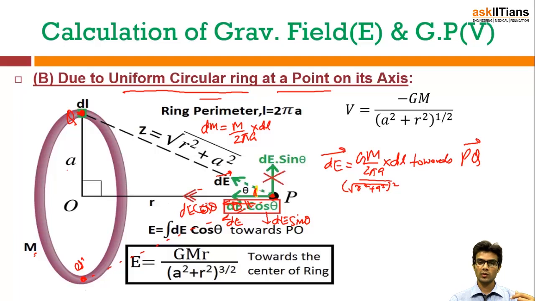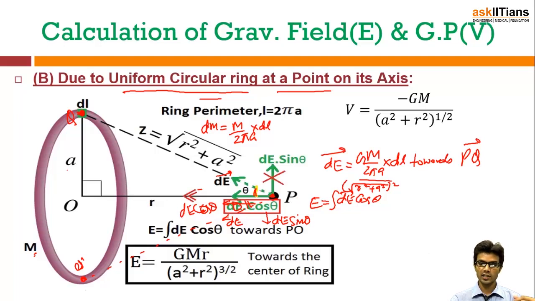So now we are going to find E. To find E, we have to integrate dE cos theta, because dE sin theta is cancelled, being equal in magnitude and opposite in direction. We integrate dE cos theta towards P to O, towards the center.